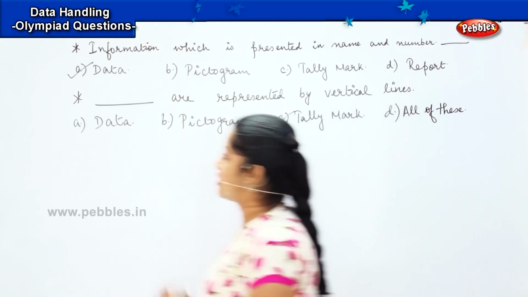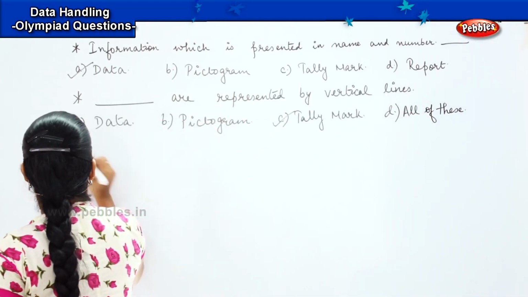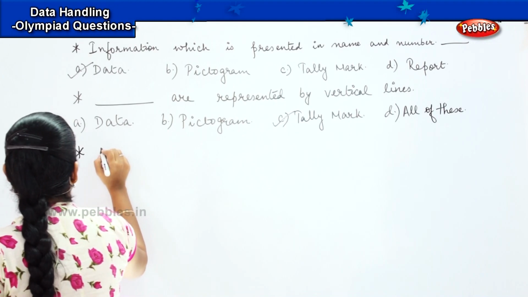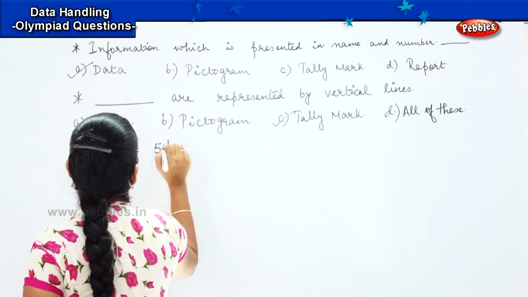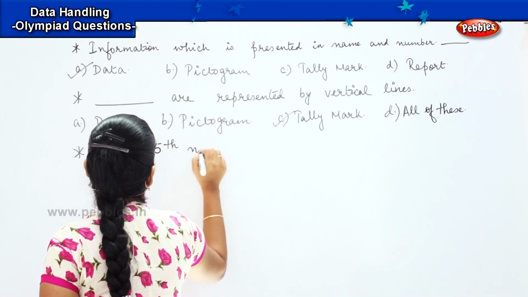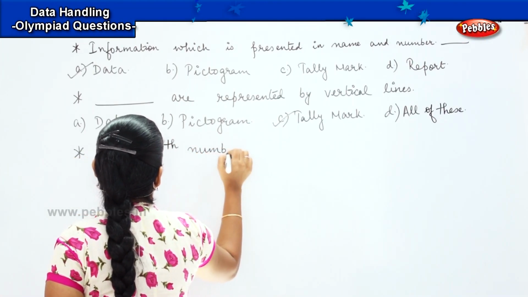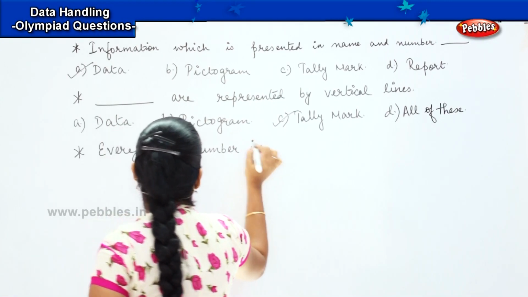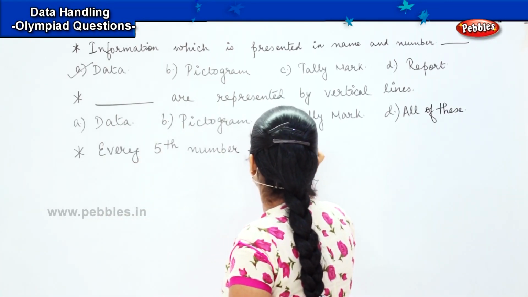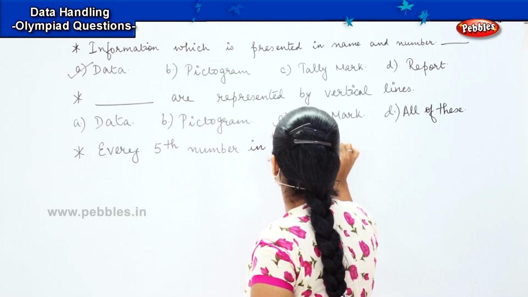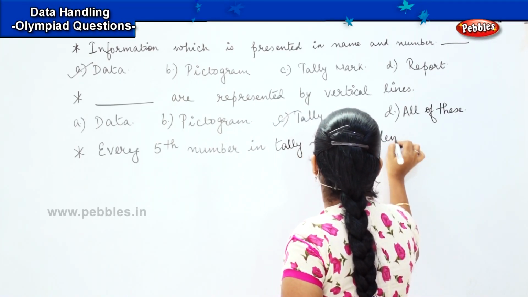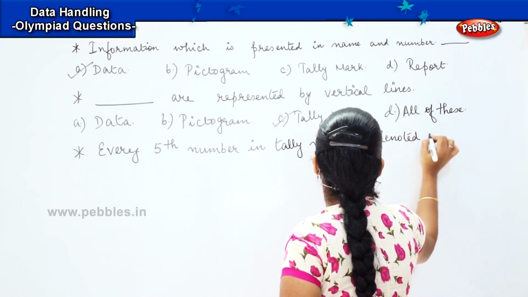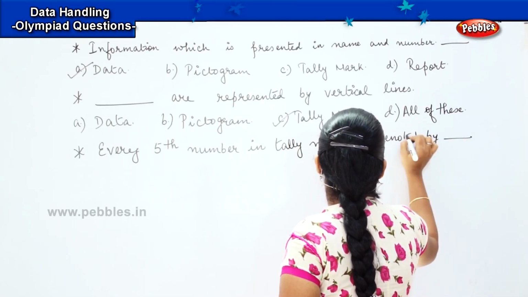Coming to the next question. Every fifth number in tally mark is denoted by dash.